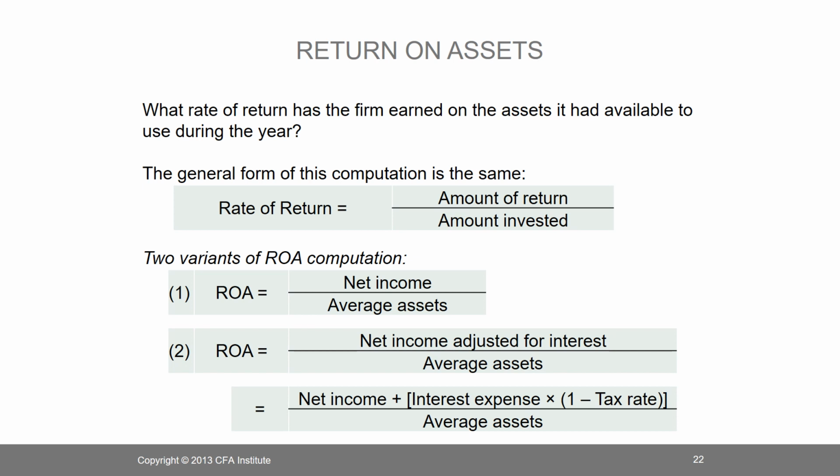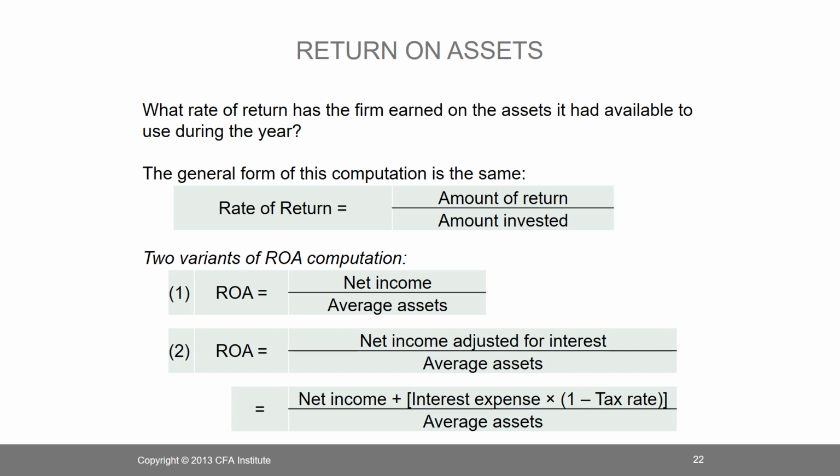And most databases compute this ratio as net income divided by average assets, which we looked at previously in the equation we covered. An alternative method to calculate that is to use net income adjusted for interest as the numerator.